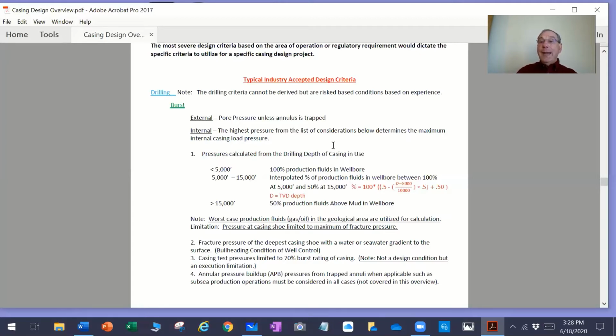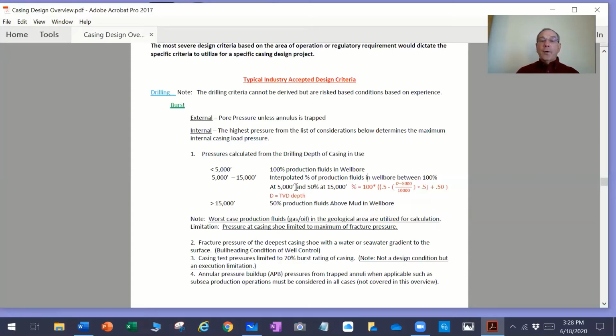So if you have a casing that is set at 5,000 feet and that casing is being used to drill to 10,000 feet, then 10,000 feet would be the depth you would use to calculate your production fluid level in the well bore. So it boils down to, at 5,000 feet, it's 100% production fluids. At 15,000 feet or greater, it's 50%, and then you interpolate in between.